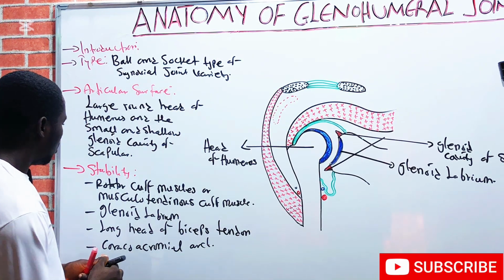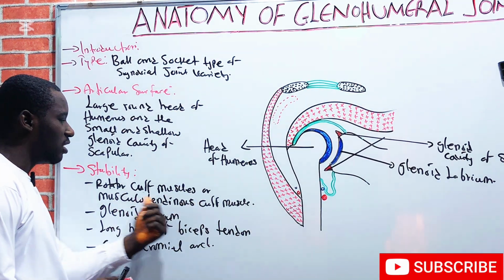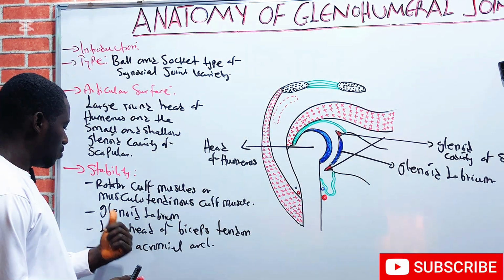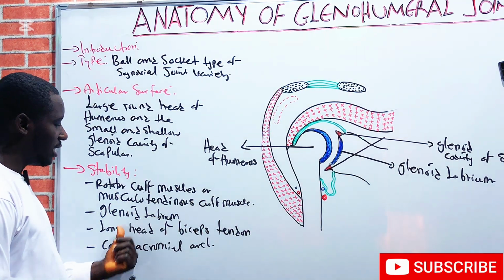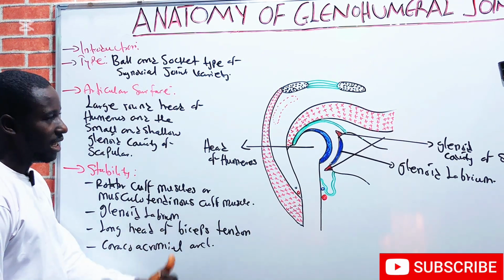So the stability of the shoulder joint is formed by the rotator cuff muscles or the musculotendinous cuff muscle, two the glenoid labrum, three the long head of the biceps tendon, and four the coracoacromial arch.